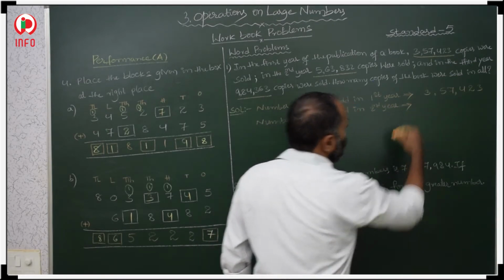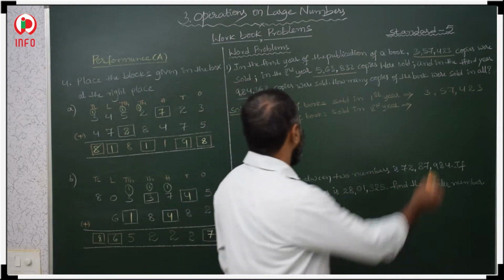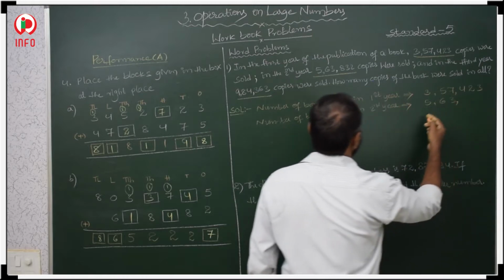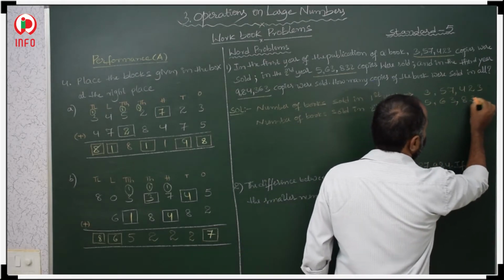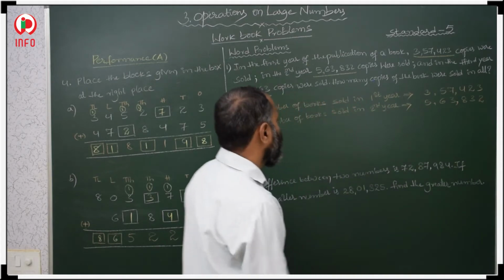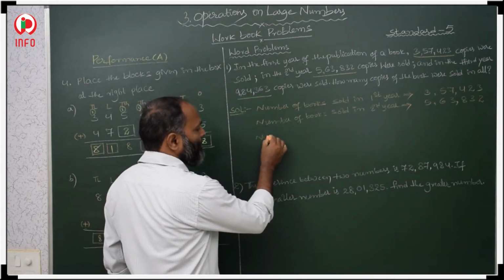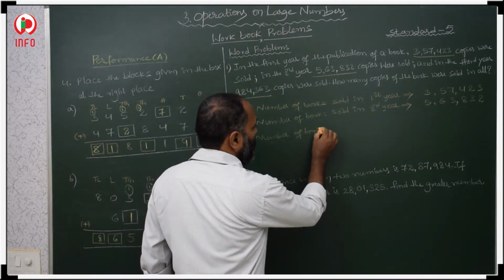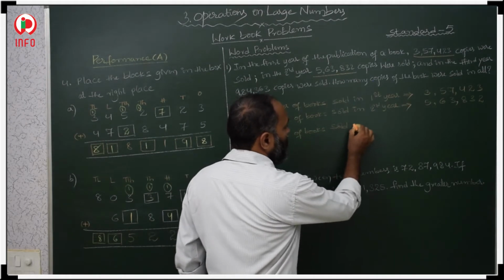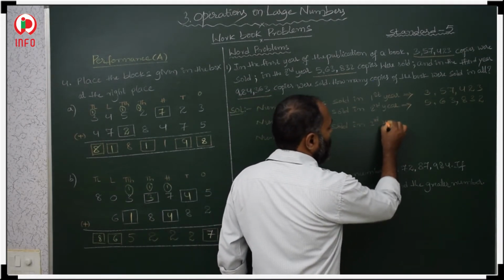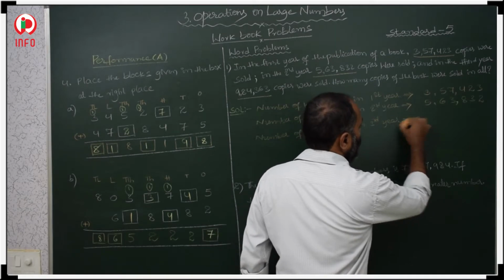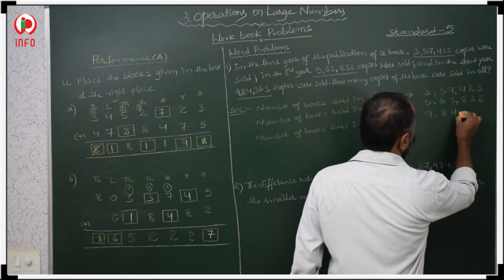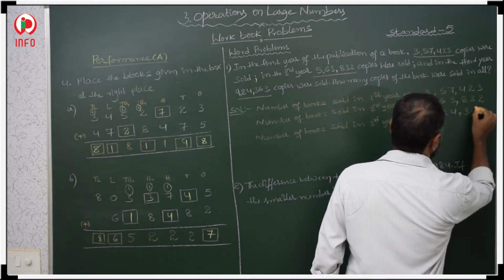In the second year, how many books? 5,63,832. Next, number of books sold in the third year. How many books? 9,84,363.